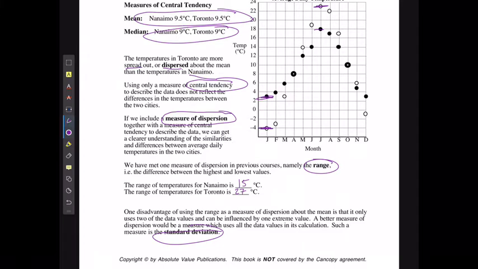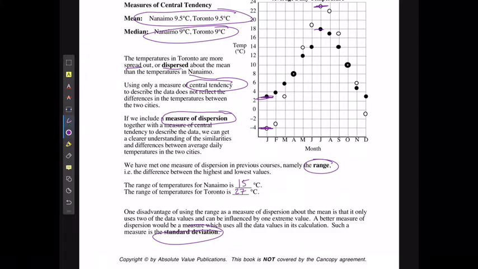So this would be like saying, if I was looking at the marks spread out on a test, and I found that the average for the test was like 60%, but most people were in the 50s, and then one person got like a 95% on that test, then it would have a big spread of about 45 marks, but at the same time, we would know that for most people that wasn't the case.